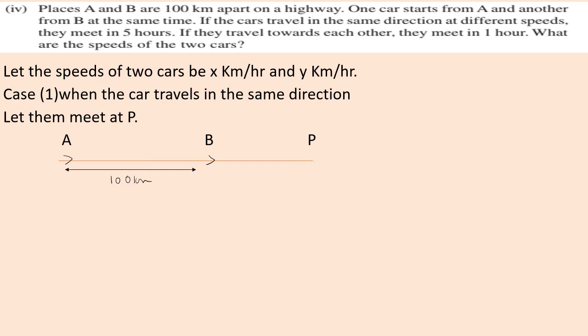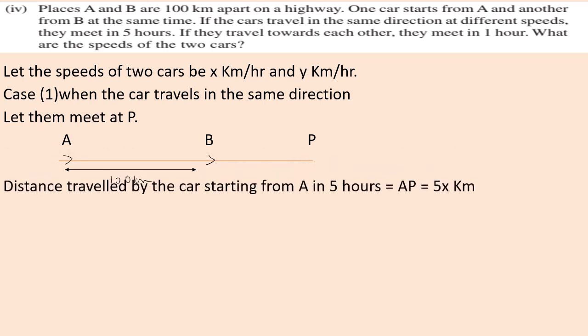Now find the distance travelled by the car starting from A in 5 hours, that is the distance AP. AP equals 5 multiplied by x.